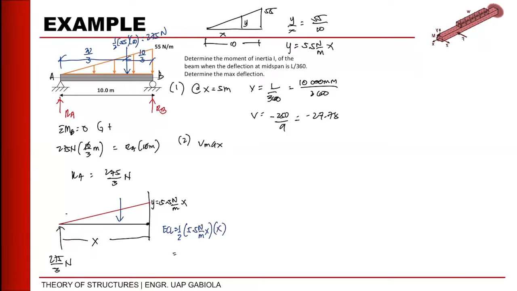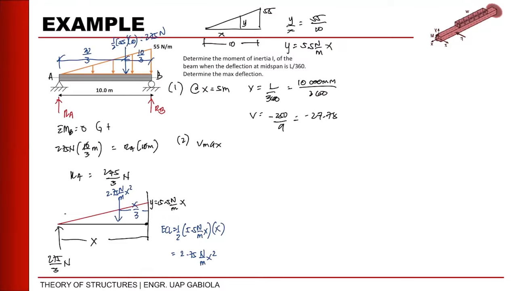So this will be 5.5 over 2, so 2.75 Newton per meter x squared. Then x over 3 is its distance here. So we need the moment at point O. That is our equation. Okay?